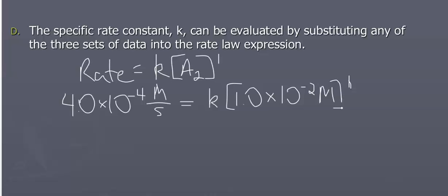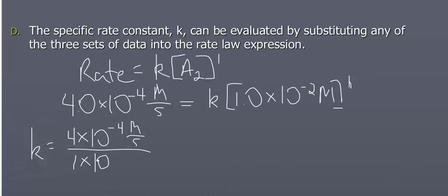Now it's important that we get the right units for K as well. So K is simply equal to 4 times 10 to the negative 4th molarity per second divided by 1 times 10 to the negative 2 molar. And so the number for the constant is 4 times 10 to the negative 2.